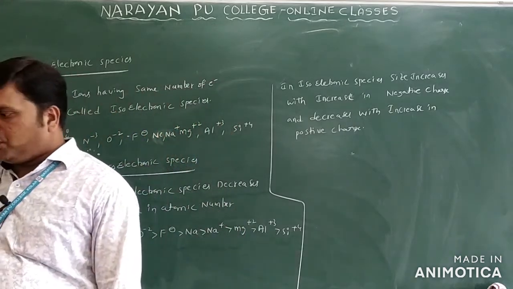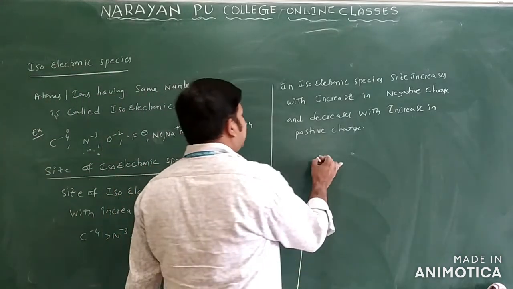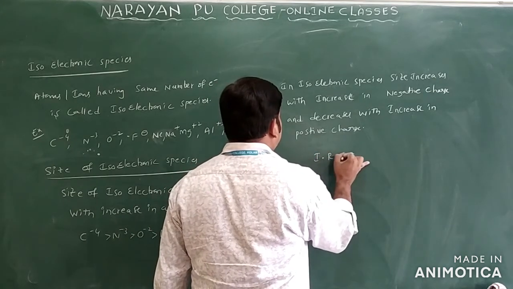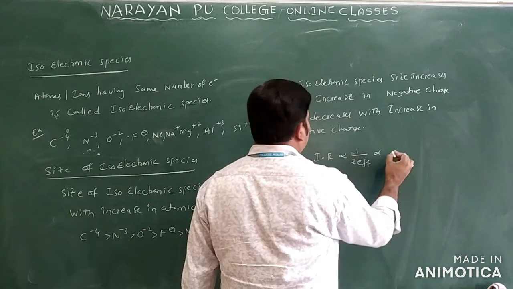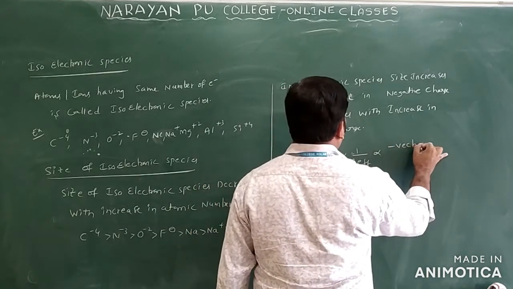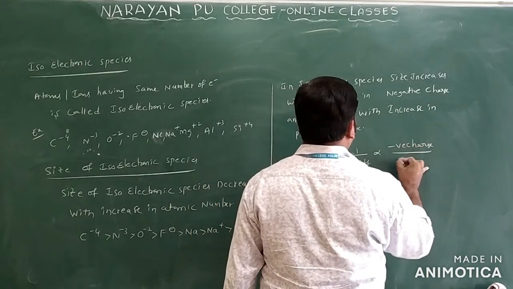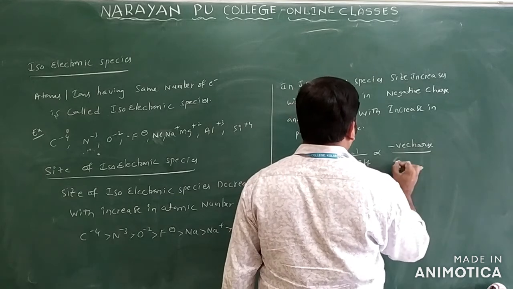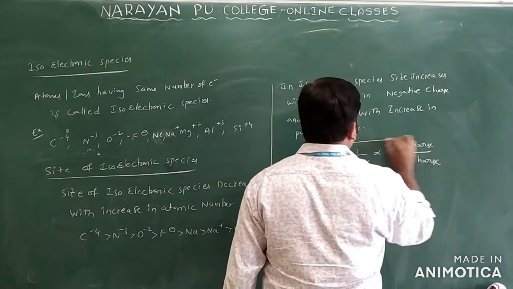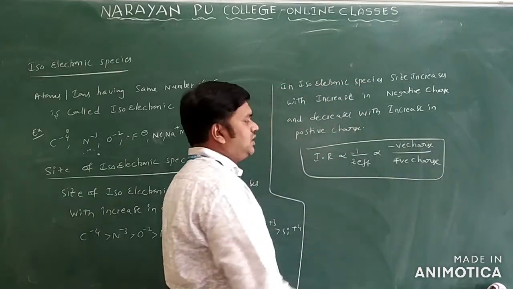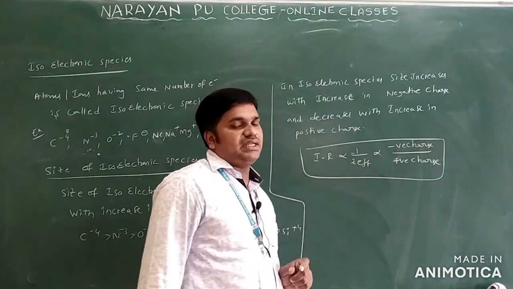And one more point you can see here: ionic radius. Generally IR means ionic radius, inversely proportional to effective nuclear charge, directly proportional to the negative charge and inversely proportional to positive charge only. Negative charge increases, ionic radius increases.